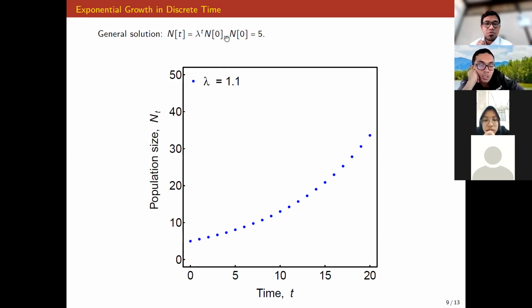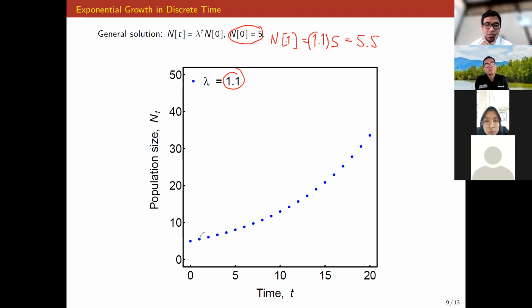If I want to calculate N1, we have N_0 is 5. What is the value of N1? Lambda is 1.1, so 1.1 to the power of 1 times 5. So it will be 5.5.